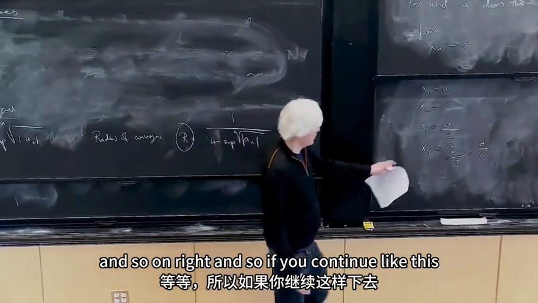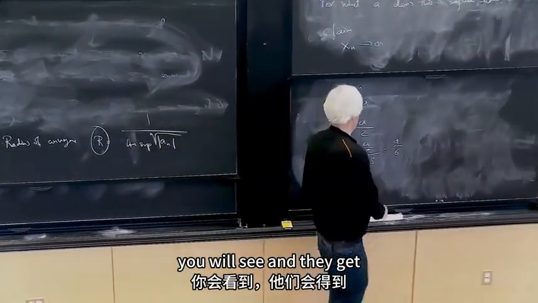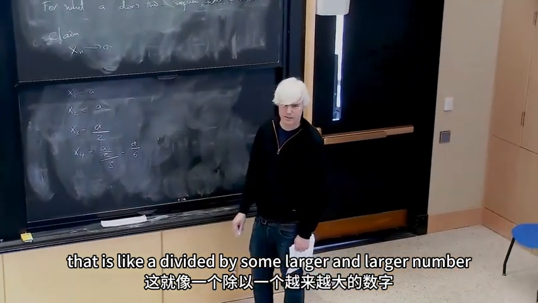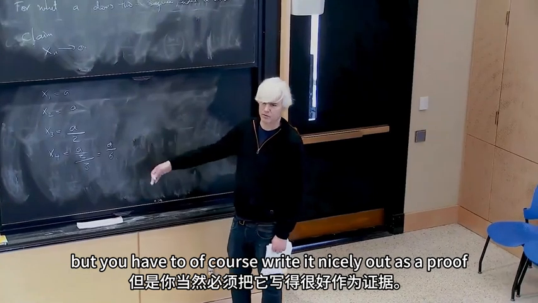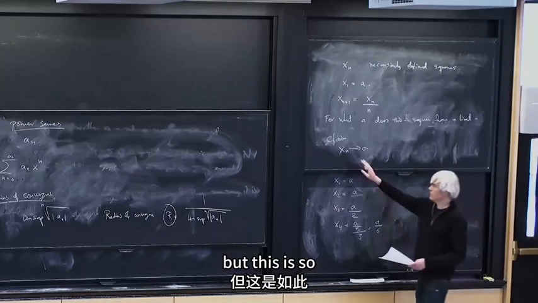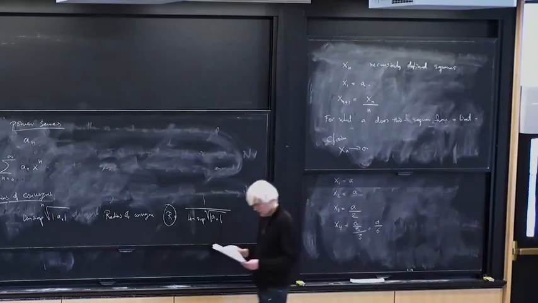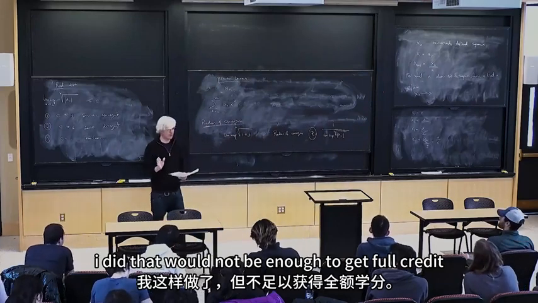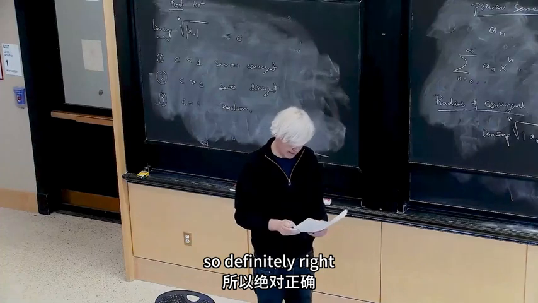If you continue like this, you will see that it's a divided by a larger and larger number. But of course you have to write it out nicely as a proof. If you just did what I did, that would not be enough to get full credit, so definitely write it out.